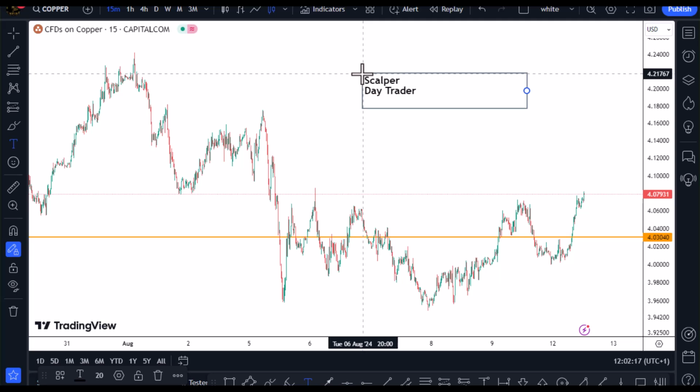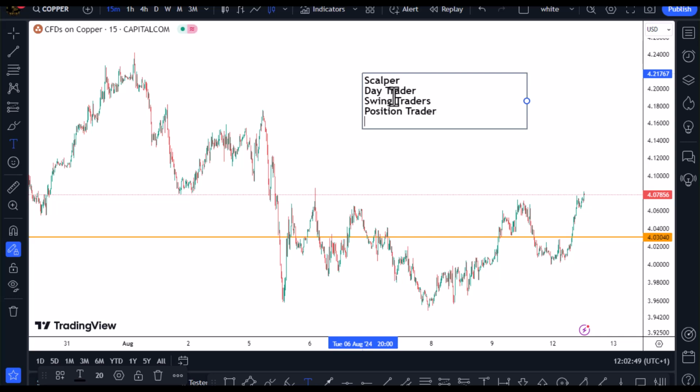And we have swing traders. And we have position traders. And we have the news trader. So these are the 5.